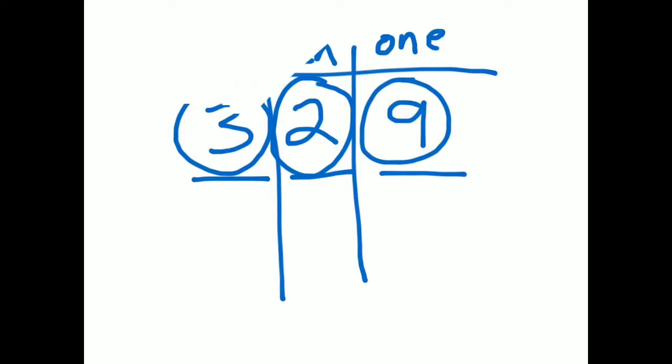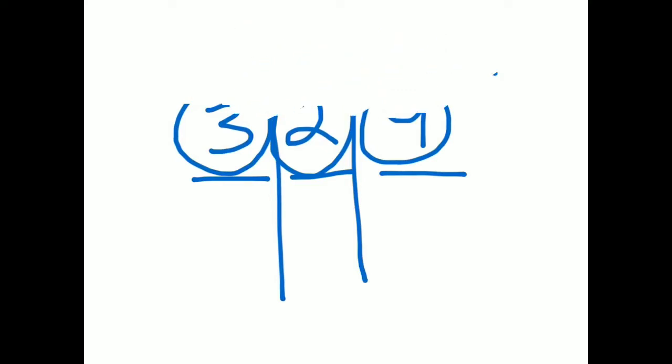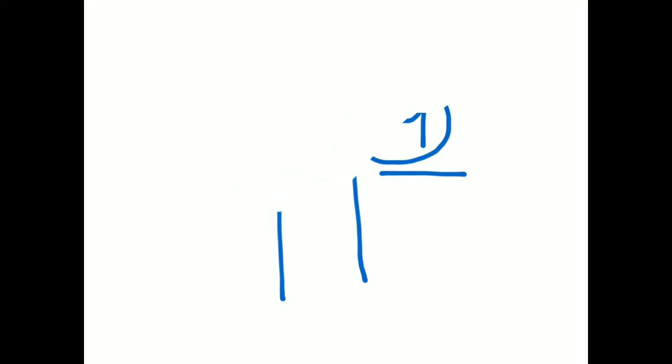So every time you go with a new column to the left, you are multiplying the value of the previous column by 10, and that's how you get your place values. So when we count in decimal, we go 1, then 10, then 100, then 1,000, and so on, and each column is going to be 10 times greater than the column before it. Okay, so that's base 10.